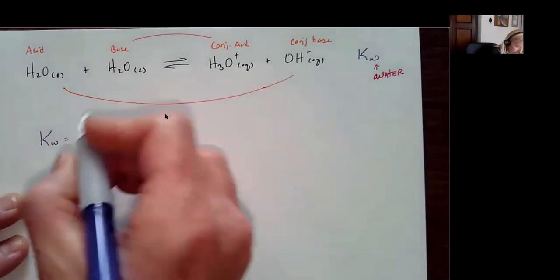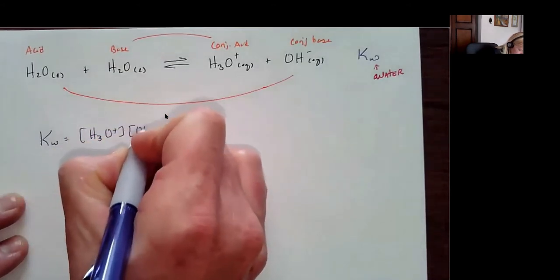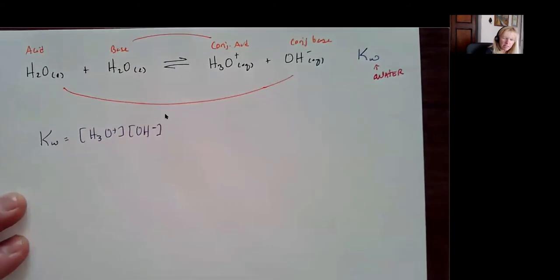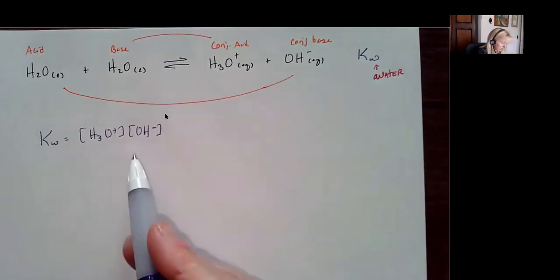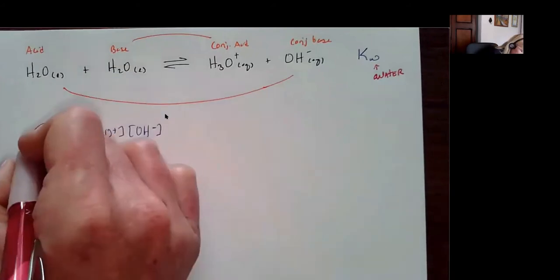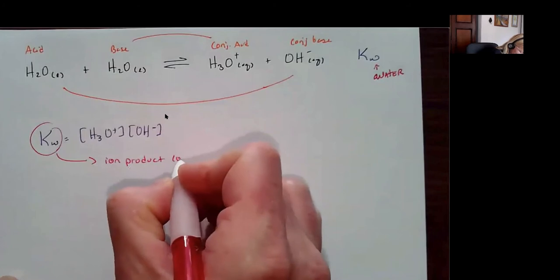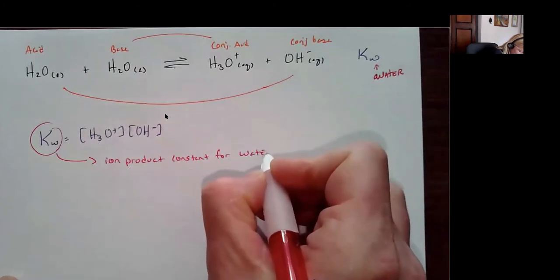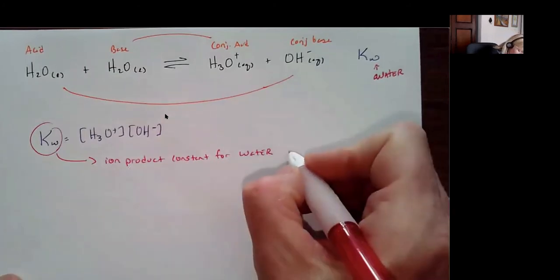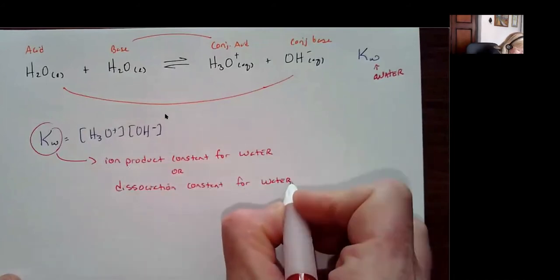So the only thing that's going to go into my law of mass action are my aqueous substances, which are my ions. So my law of mass action for Kw looks like this, and water is going to fall out of it. This whole thing is called the ion product constant for water because, well, let's just give it a really long name. Or you might see it called the dissociation constant for water, and it has a value.